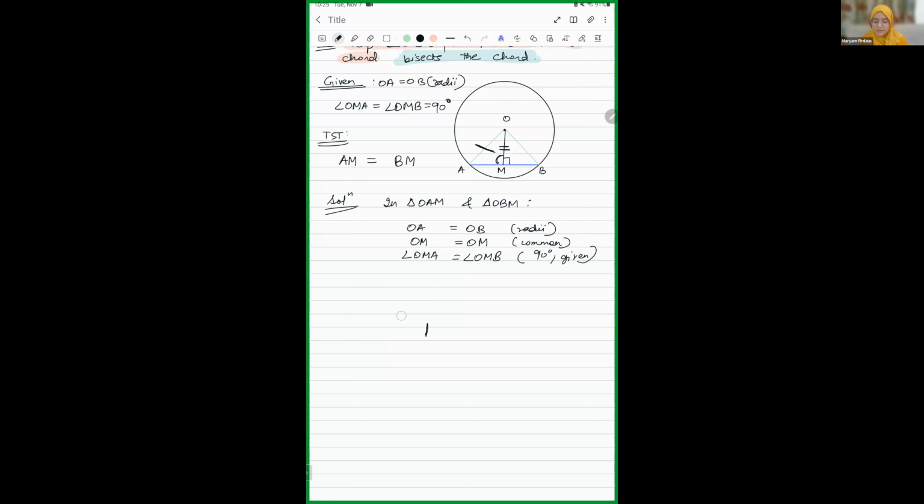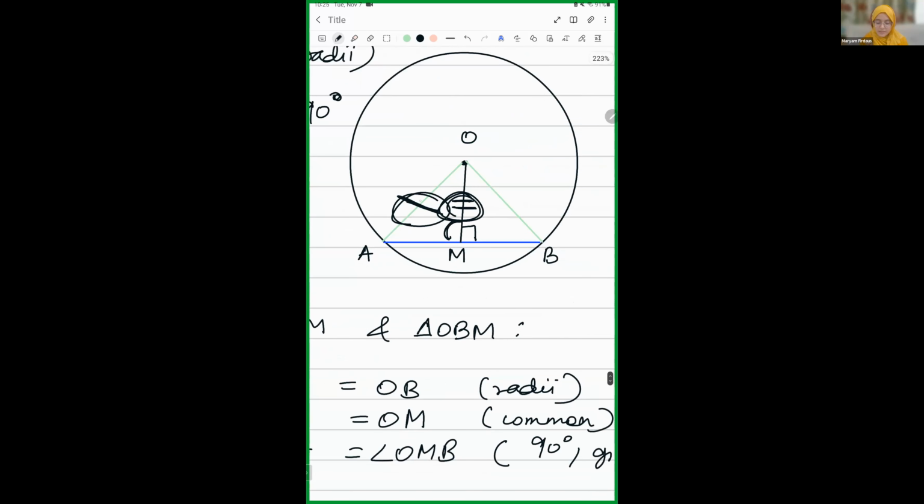But over here, the angle is not the angle between these two sides. The angle between these two sides is this angle, but this is not the one we are talking about.